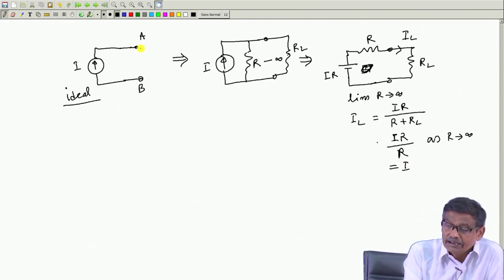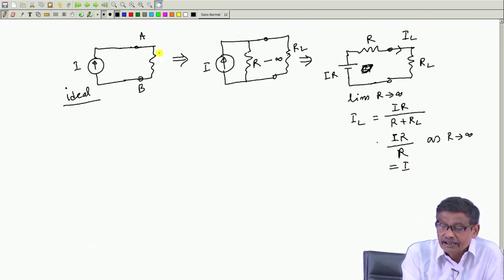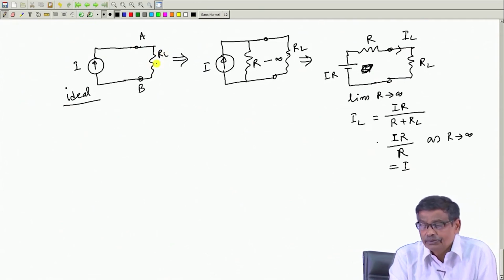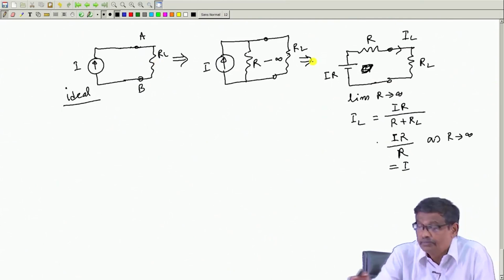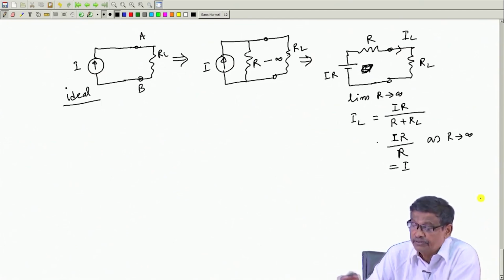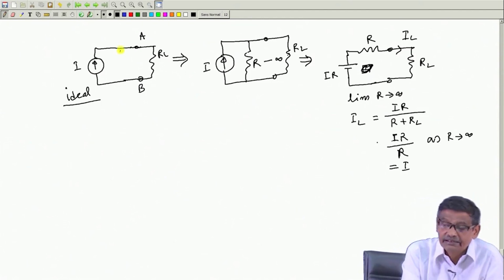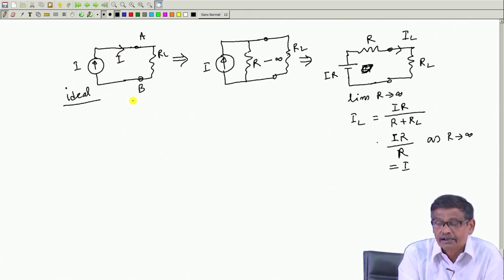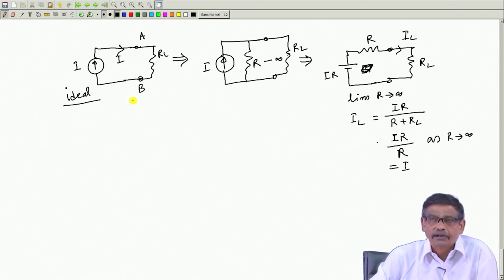So, what I am telling, if somebody connects a resistance RL, better do not try to convert it. If you wish, you bring this resistance and pretend that it will be infinite, solve the circuit, then at the end say R, capital R tends to infinity. You will get the same result. If you connect RL, what will be the current in RL? Ideal current, so I over.